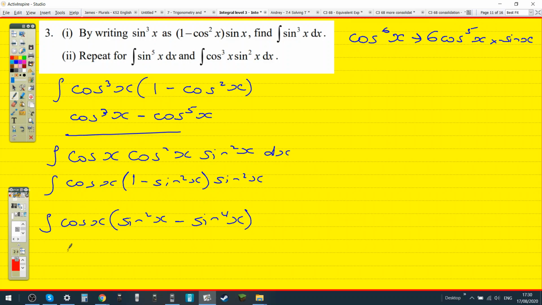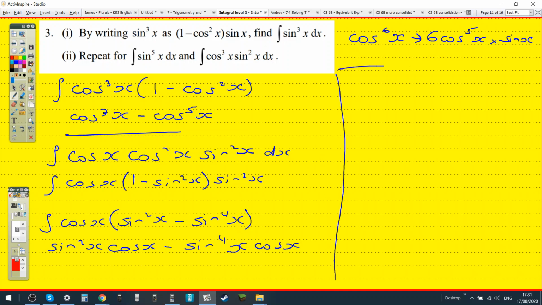I just have an idea. Sine squared x cos x minus sine to the 4x cos x. So it's kind of the other way around this time. What is the derivative of sine to the 5x? 5 sine to the 4x times cos x.